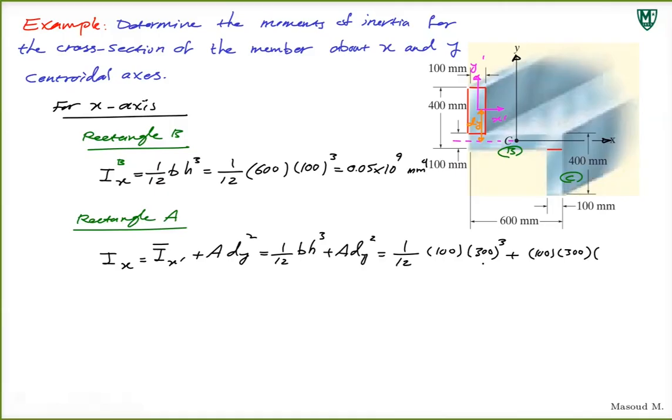Then we have 50 for the distance between the bottom part and the x-axis, which is half the height of segment B. So it's 200 squared. That'll give you Ix for rectangle A as 1.425 times 10 to 9 mm4.